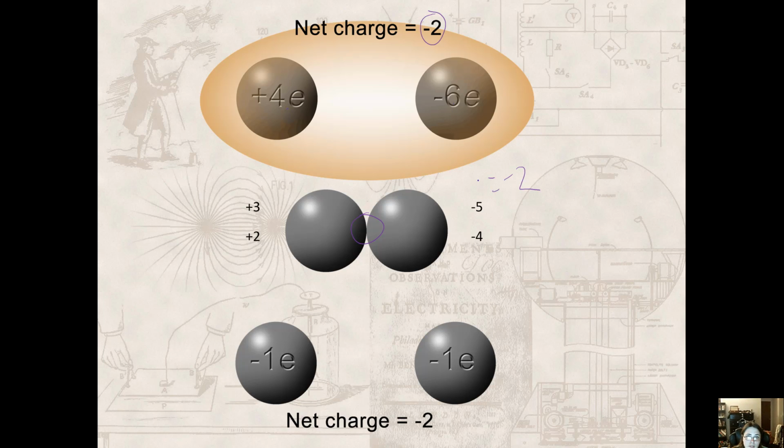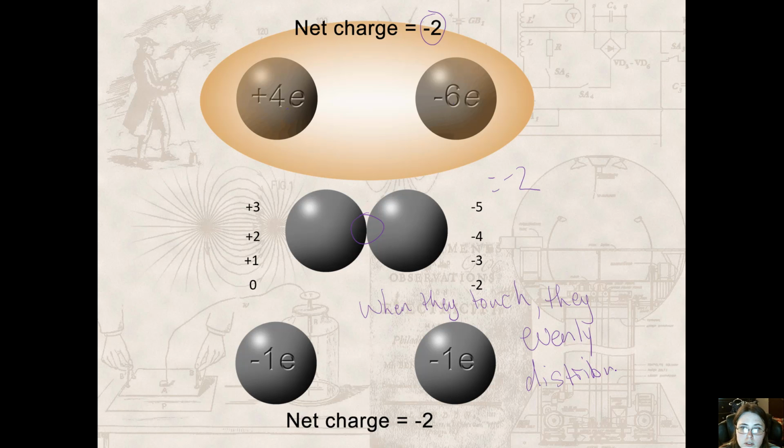So +2 and -4, +1 and -3, or a 0 and -2. What happens is that when they touch, they evenly distribute between the objects.